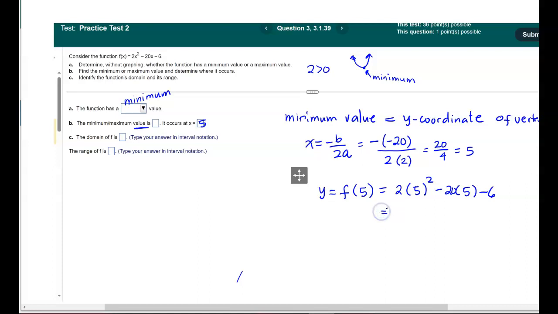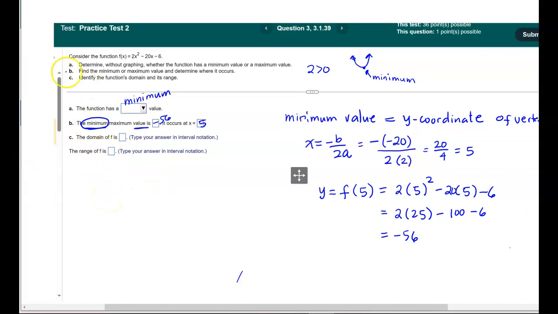Simplify this: 2 times 25 is 50, minus 100 is negative 50, minus 6 is equal to negative 56. So the minimum value in this case is negative 56. You just say the value is negative 56.